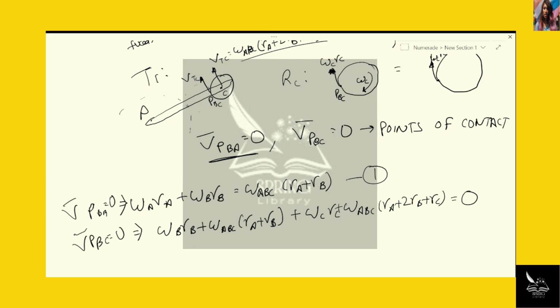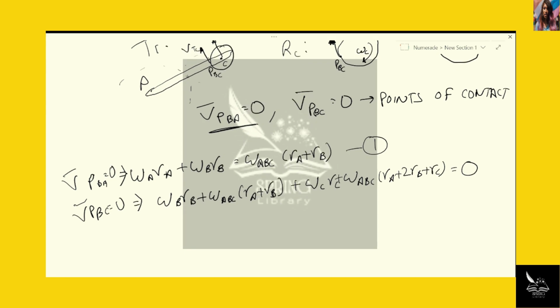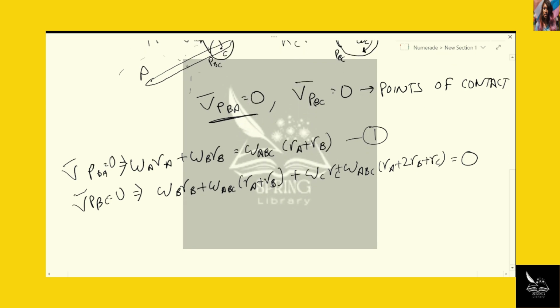The question also asked us to show that omega C is actually independent of the radius of gear B. So we have to find omega C eventually. Let us see what we can replace. So let's solve for RB from equation 1. So 1 implies omega A RA minus omega ABC RA equals omega ABC minus omega B RB.